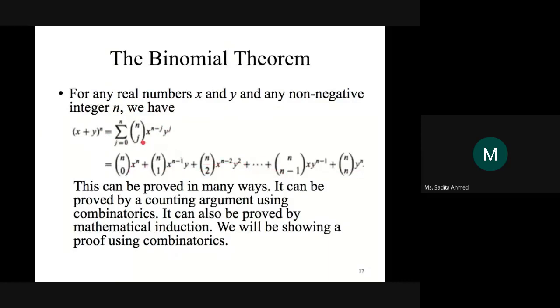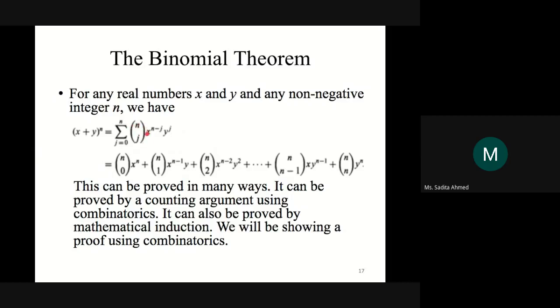You'll see that in this expansion, every single sum term has the result of a combination as the coefficient. The coefficient of every single sum term, which is multiplied as part of the product term in this expansion, is represented using NCJ.